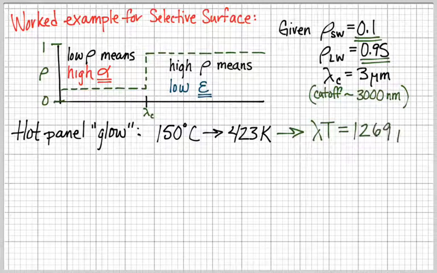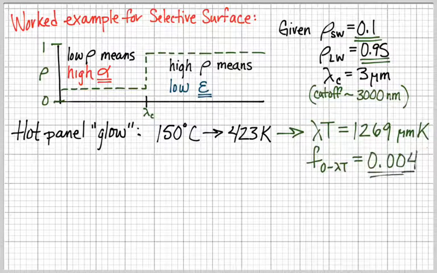So my lambda T in this case is going to give me 1,269, which will allow me to calculate a fraction from 0 to lambda T of 0.004. That's actually a very small value, so we're saying just a small portion of the energy is coming out in the band from 0 to lambda C, right?